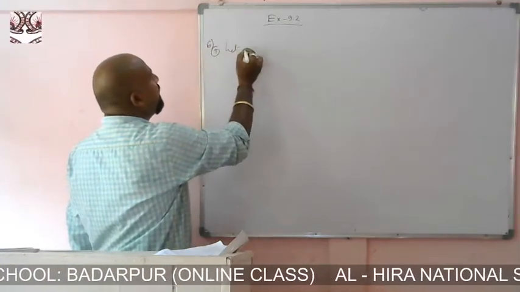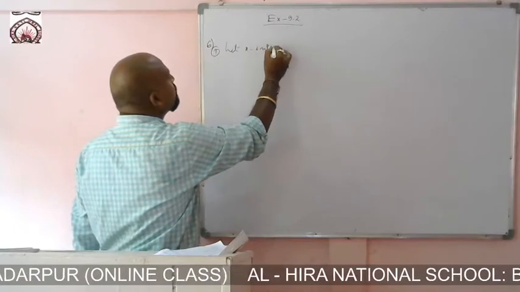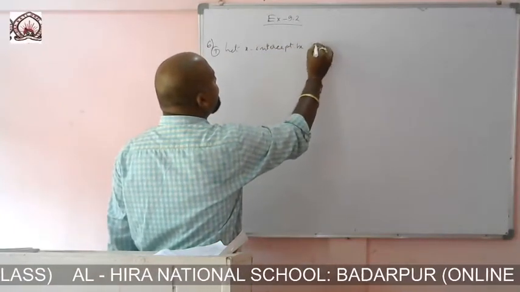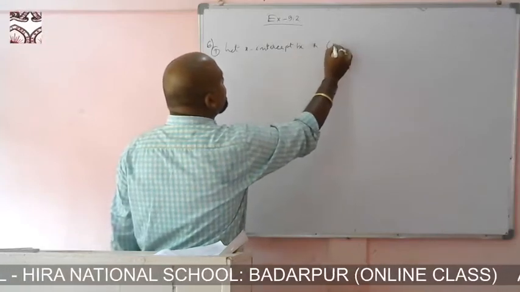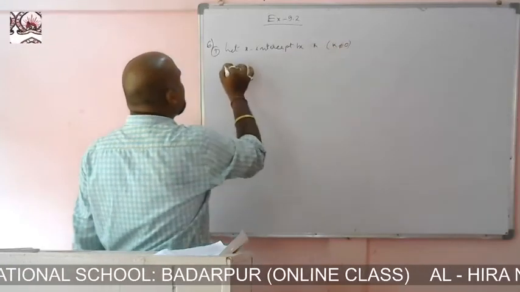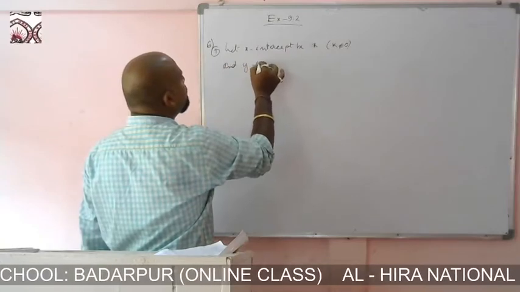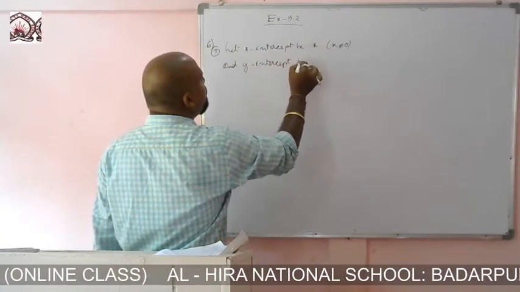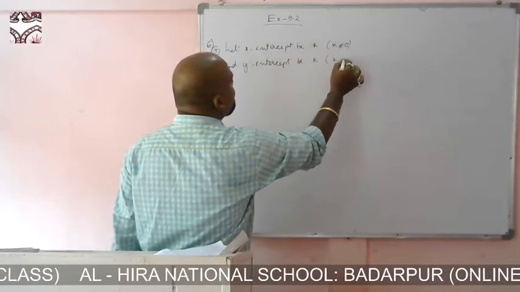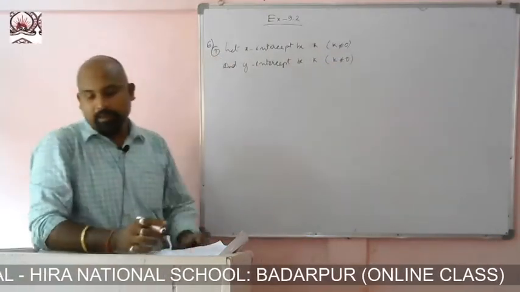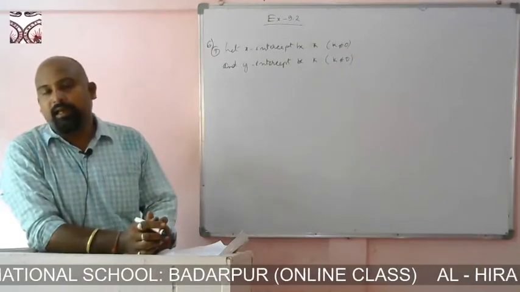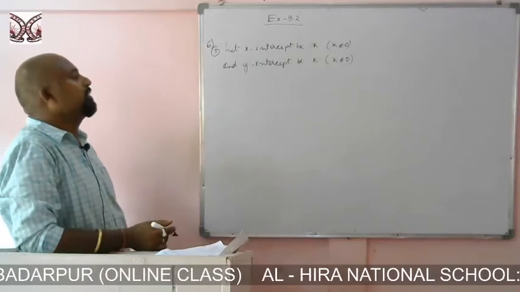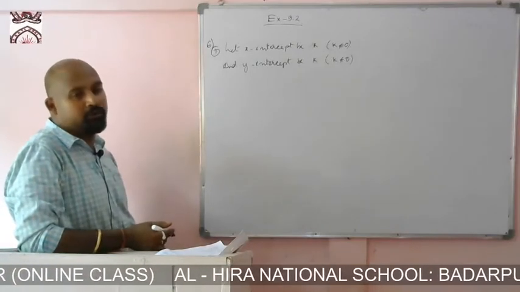So for 6(1), let the x intercept be k, where k is not equal to 0, and the y intercept be k, where k is not equal to 0, because according to our question.